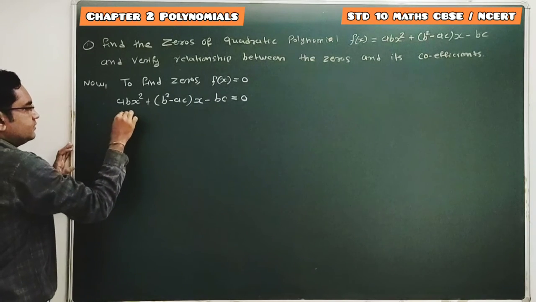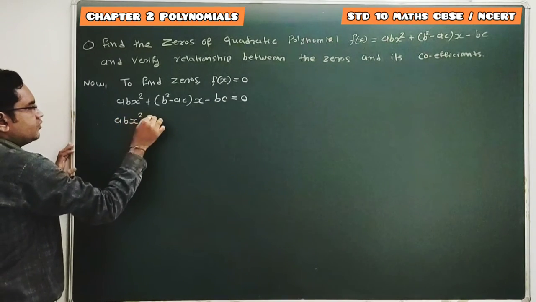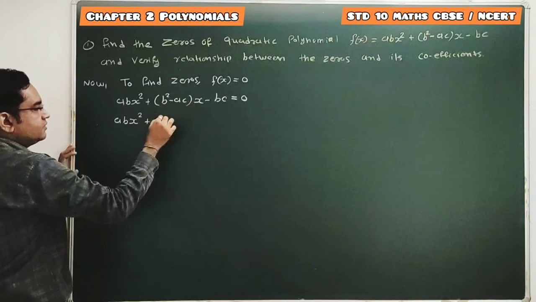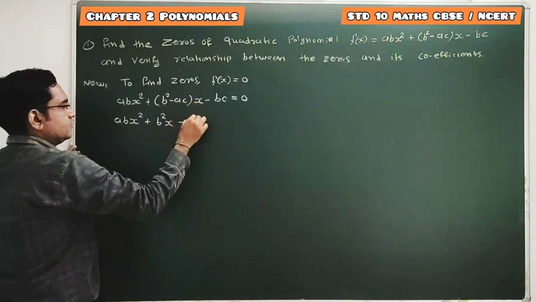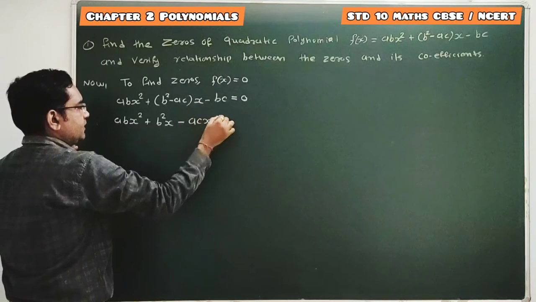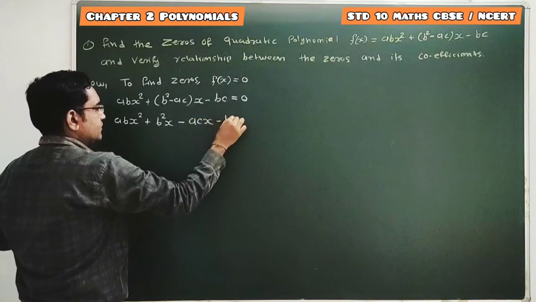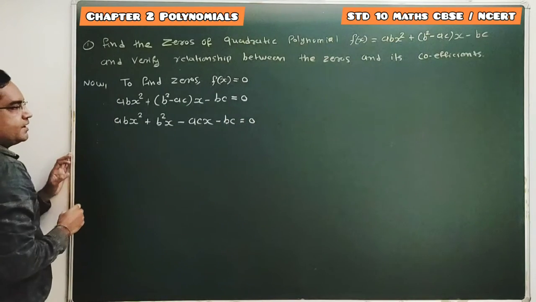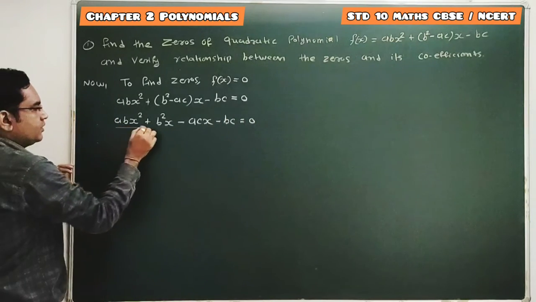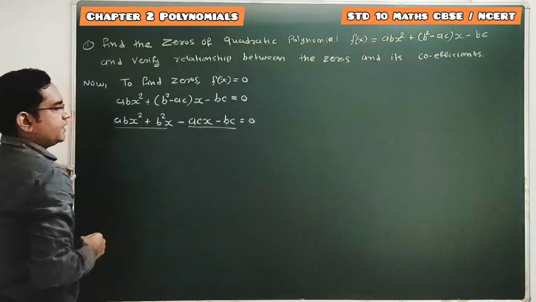It's abx square. First simplify this. It's ab square x minus acx minus bc equal to 0. Now factorization by grouping: first two terms and second two terms.